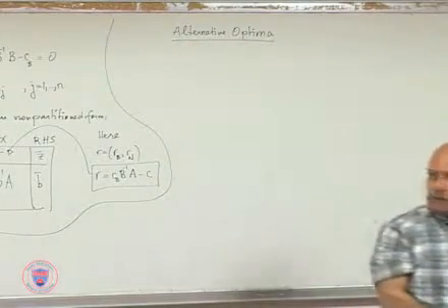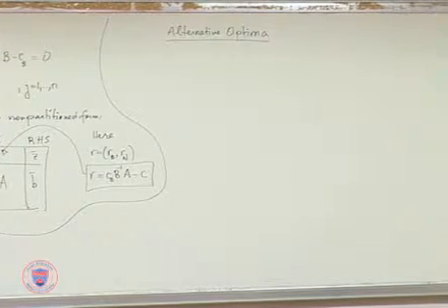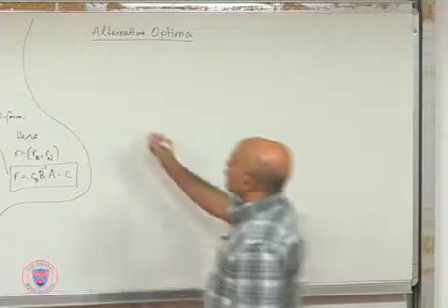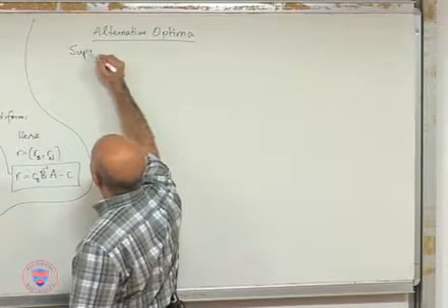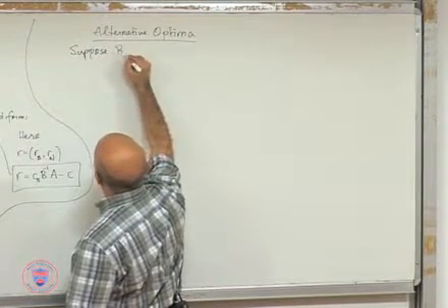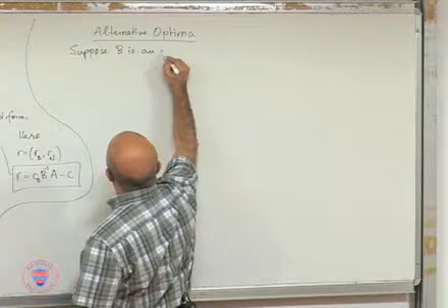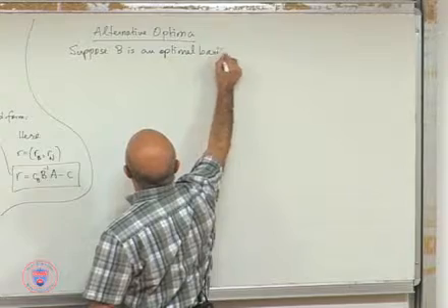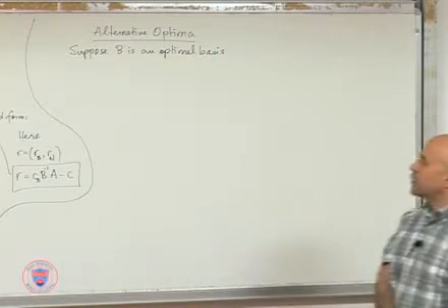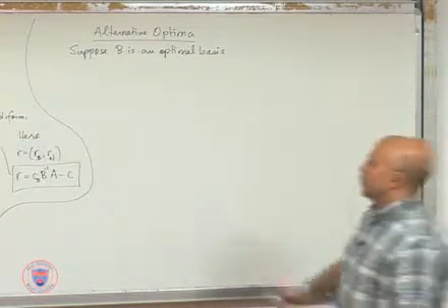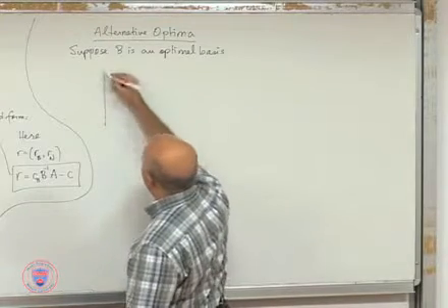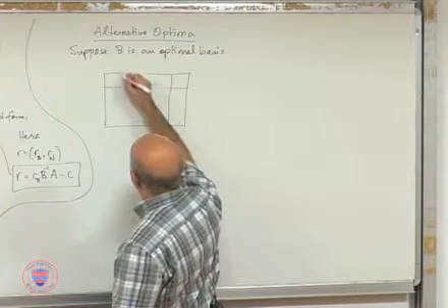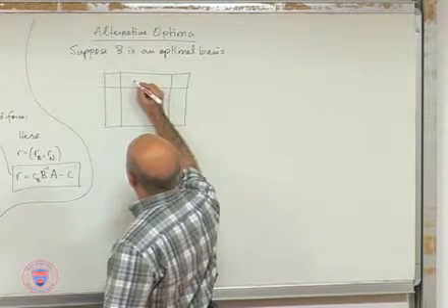Let's continue our discussion with alternative optima. Suppose B is an optimal basis, which means that when you look at the tableau, your tableau has this information.